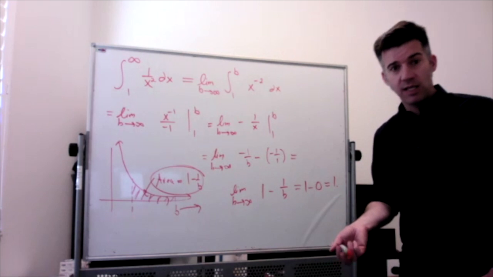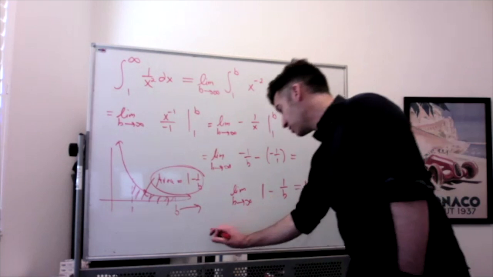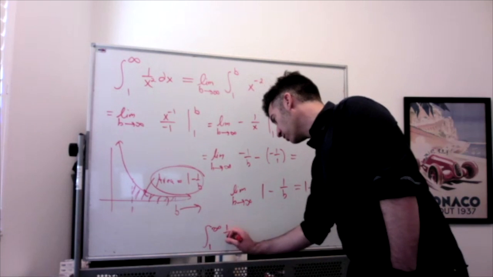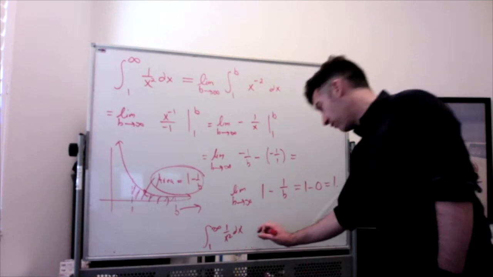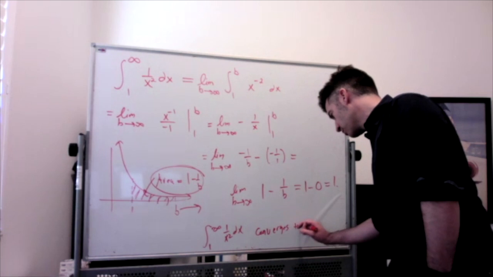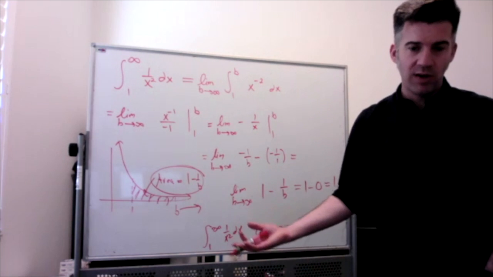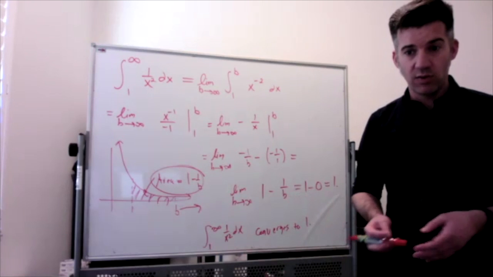So what's happening here is that the area is convergent, or the integral is convergent. So this integral from 1 to infinity of 1 over x squared dx is convergent, and we specifically say it converges to 1. People also just say it's equal to 1, but it's slightly more correct to say that it converges to 1.